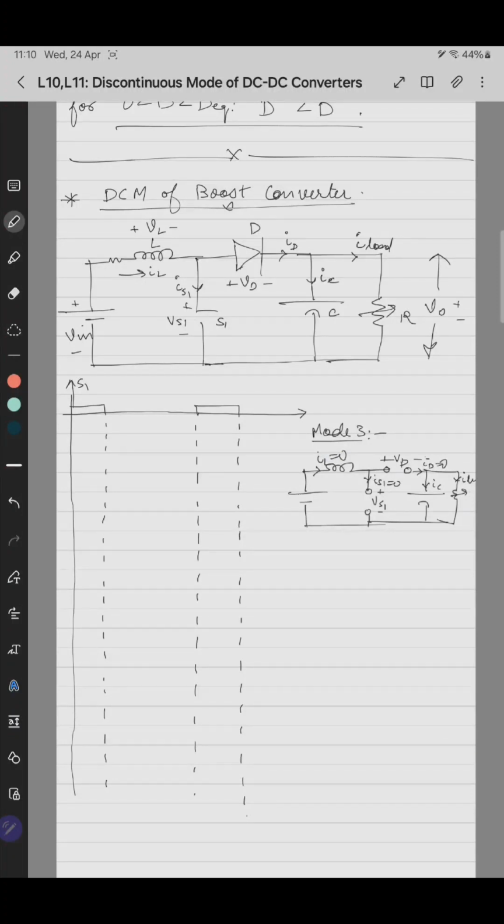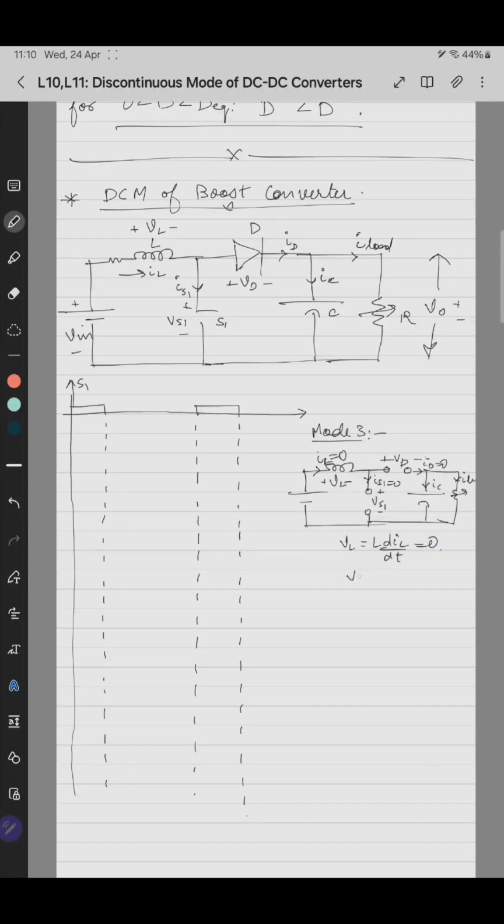In that case, if IL is 0, this will be VL with plus and minus. If there is no current across the inductor, there will be no change in its voltage, because VL is L dIL by dt, which means that here the inductor voltage is also 0.